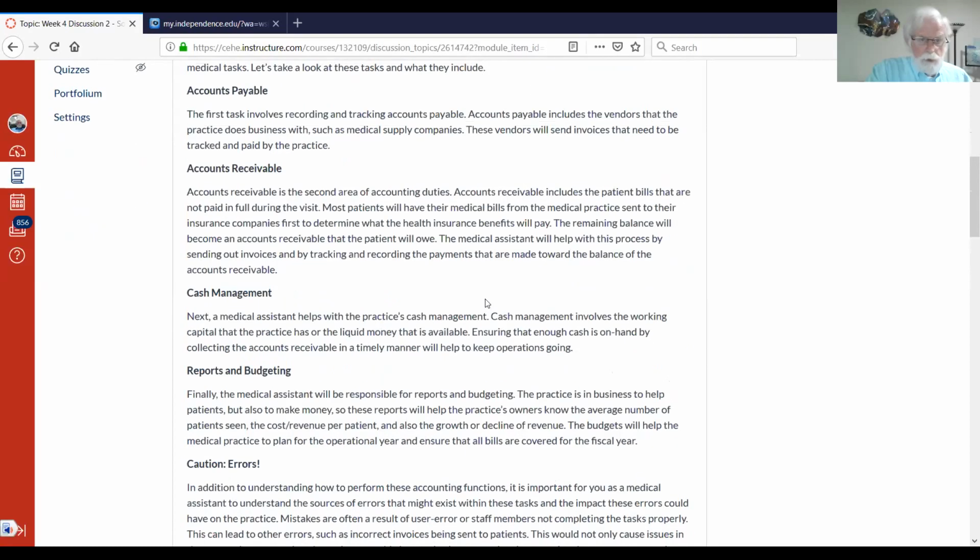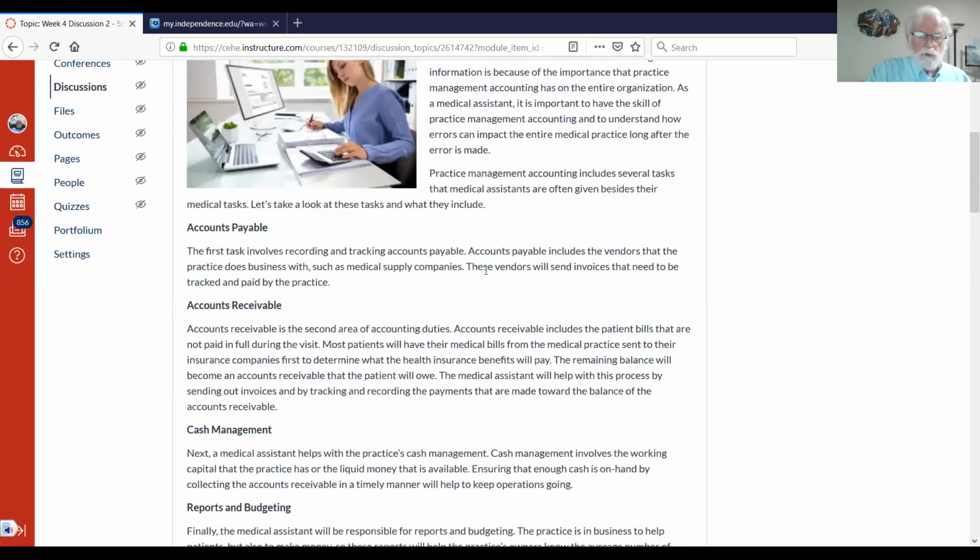But we need to keep accurate records, and those records will depend on a number of factors. For instance, income. Where does it come from? There are several places where it can come from. One is obviously copays from your patients or direct payments from patients.